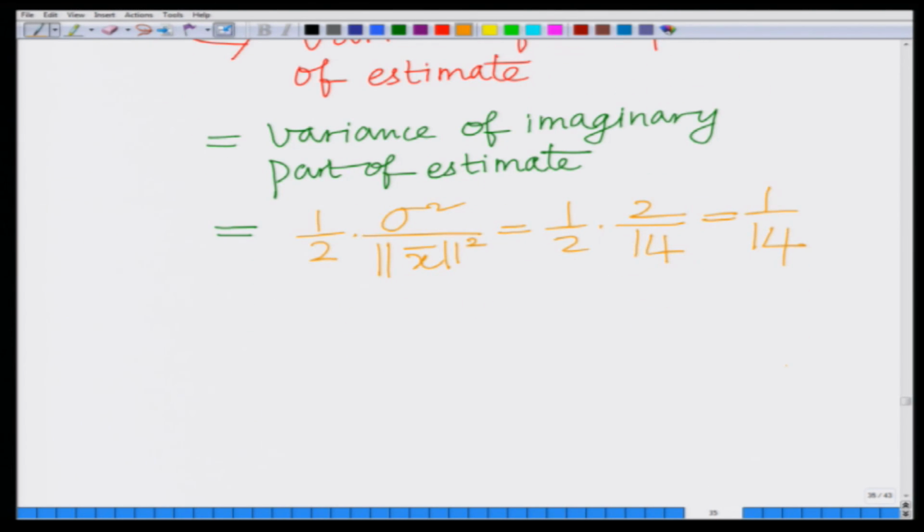So, basically this is the variance of the real and imaginary part.